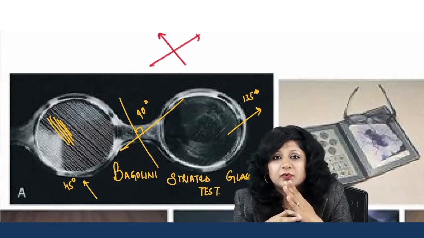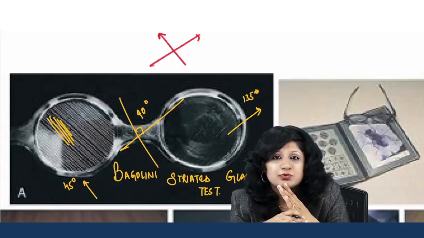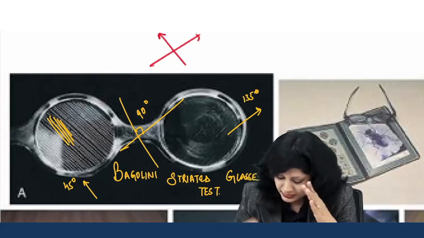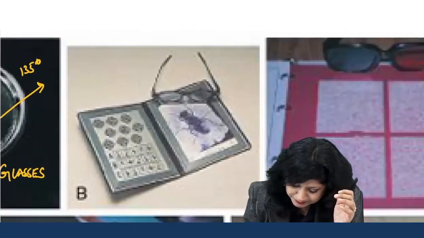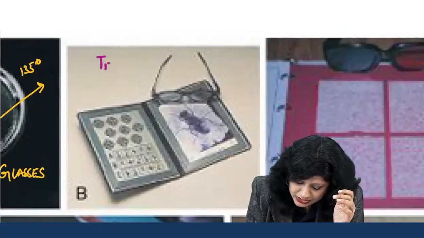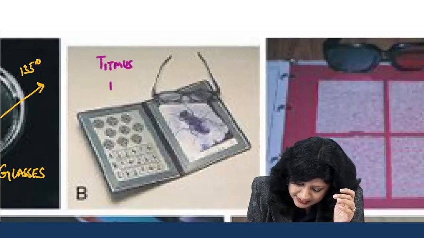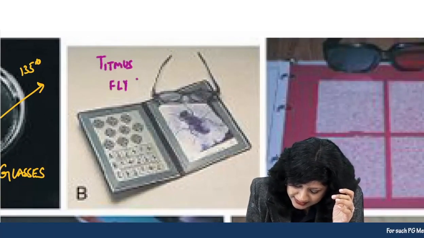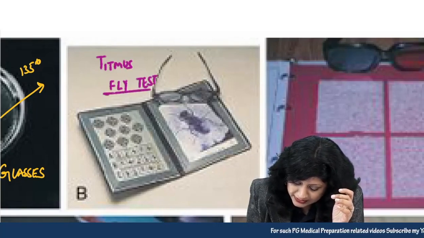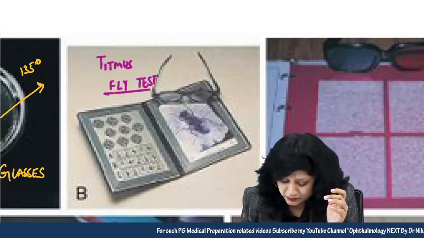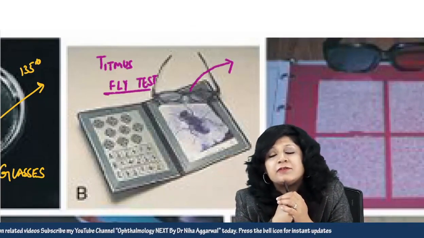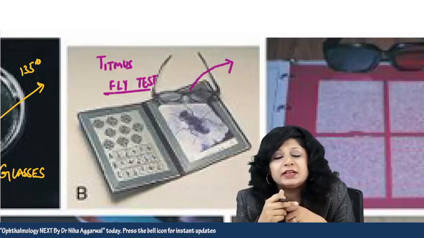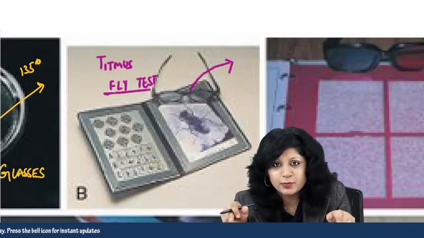So if both eyes are working and their fusion is there, then you are able to see this. Then you have something like this. This is your Titmus fly test, and here the test is done with the help of these polarized glasses, which the patient has to wear. This is important. It is in the form of a booklet.